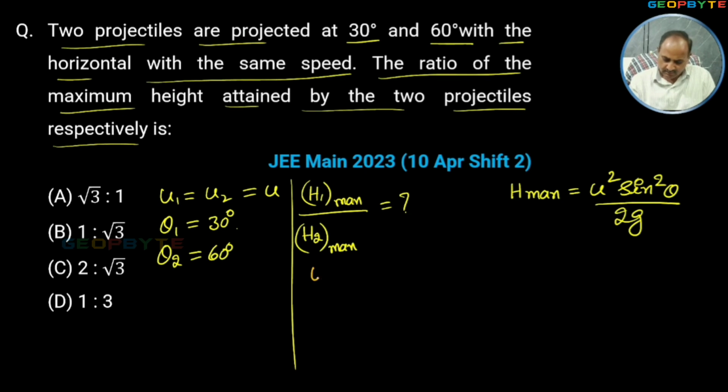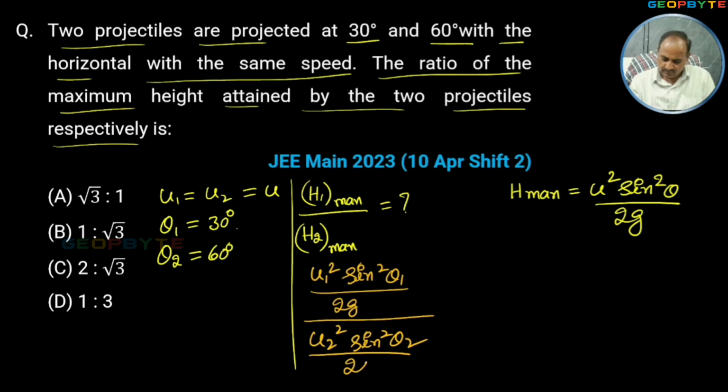It can be written as u1 square sine square theta 1 by 2g, dividing by u2 square sine square theta 2 by 2g.